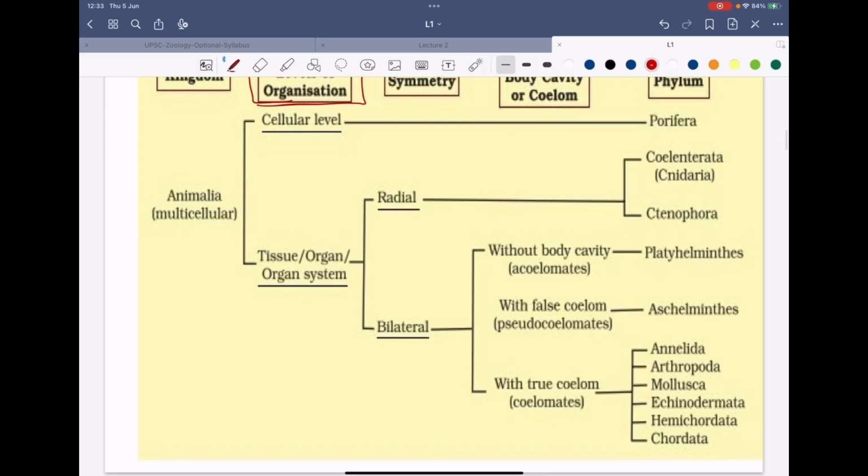If you see here, the Animalia have been divided into cellular level and tissue, organ, system level. In cellular level, you will observe there is one phylum, that is Porifera. We will be studying this Porifera in detail later on, and it is related to the sponges. The rest have tissue, organ, or organ system level of organization, and it is observed in the rest of the phyla.